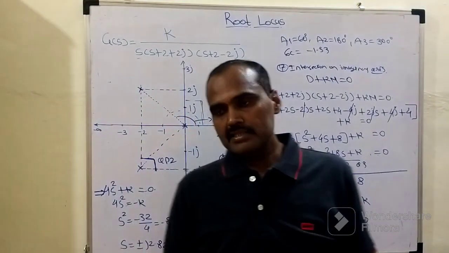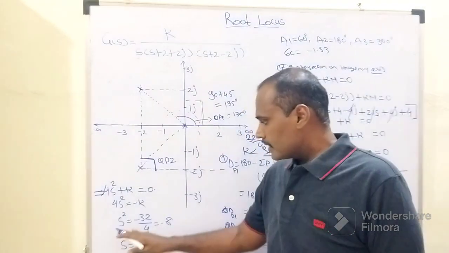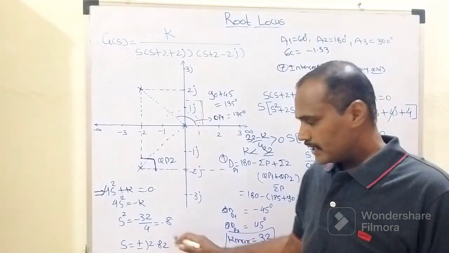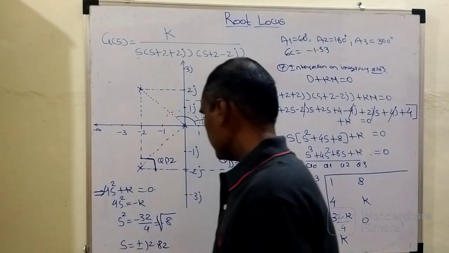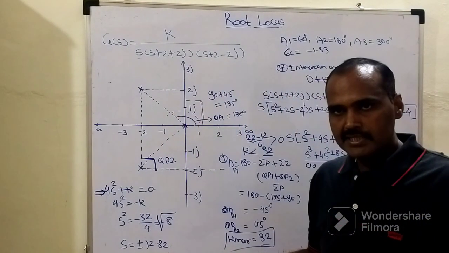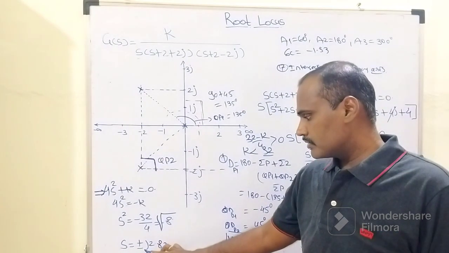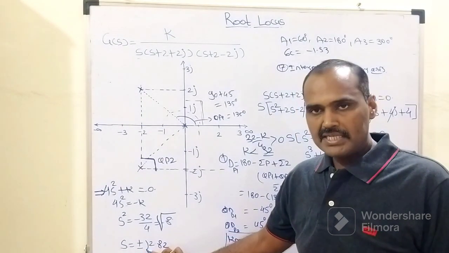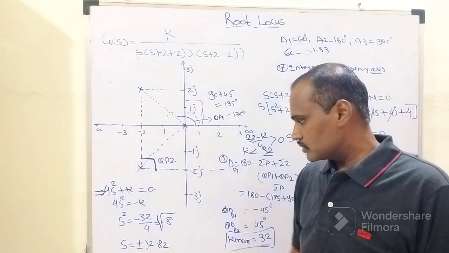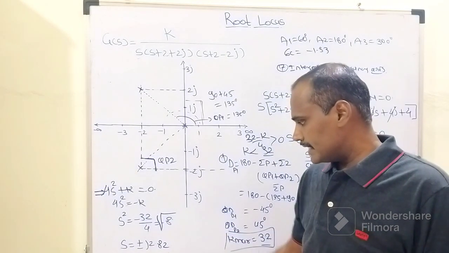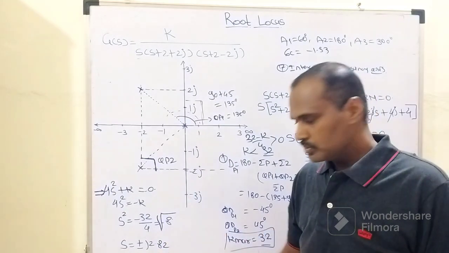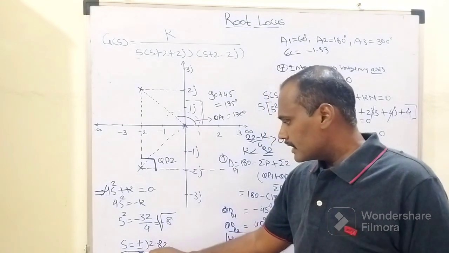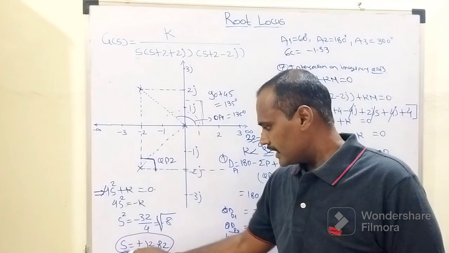By doing certain mathematical simplification, we will come to know s square equals minus 8. When this is placed within the square root sign, the negative value will give the imaginary value started with j. So the square root of minus 8 is nothing but plus minus j 2.82. So this is nothing but the intersection point on that imaginary axis.